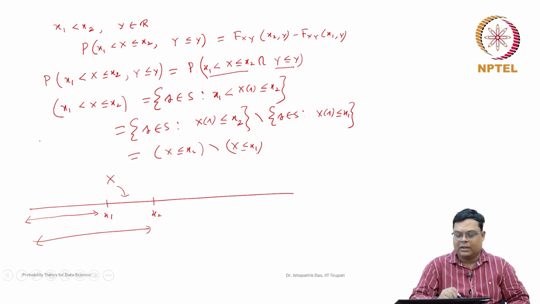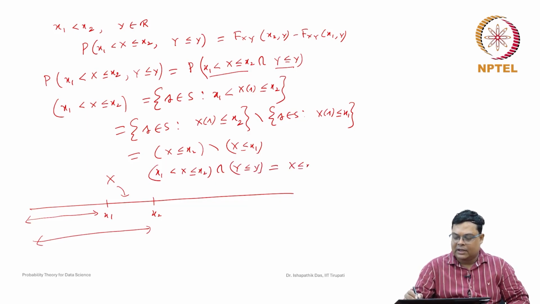If you take the intersection of both sets with any set Y, the result is the same. Hence x1 less than X less than or equal to x2 intersected with Y less than or equal to y can be represented as the set X less than or equal to x2 intersection Y less than or equal to y, minus the set X less than or equal to x1 intersection Y less than or equal to y.